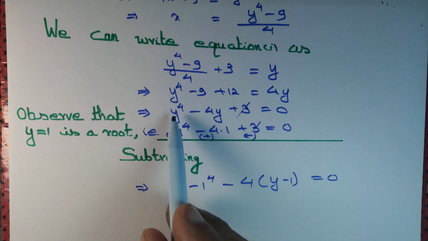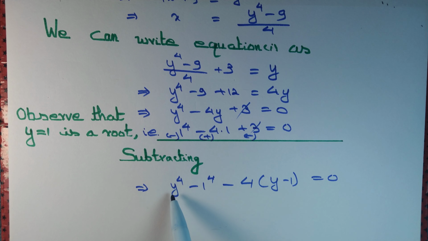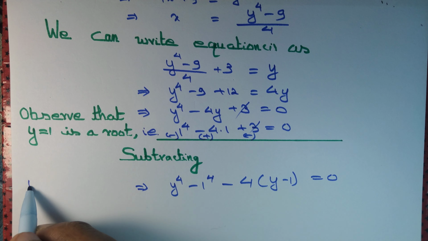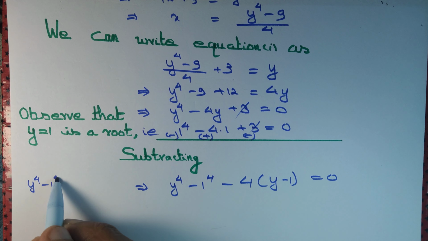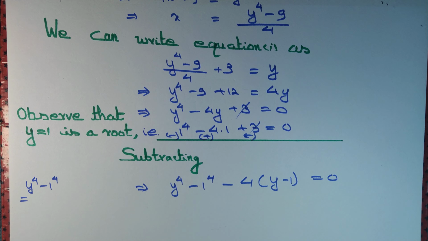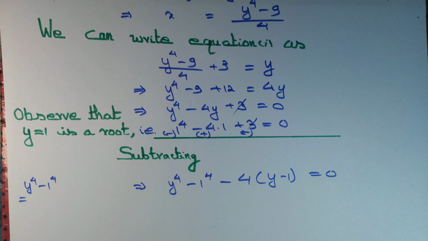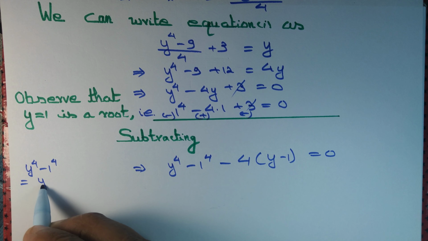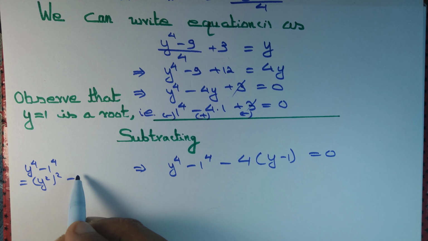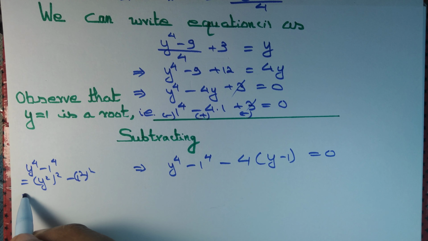The advantage of subtracting is that you can simply take y minus 1 common from this expression, and we already got y minus 1 common here. y to the power 4 minus 1 to the power 4, that's the expression of the type a square minus b square. So (y square) whole square minus (1 square) whole square.